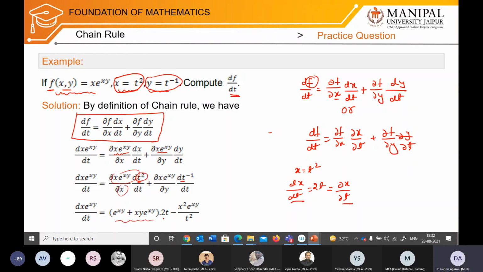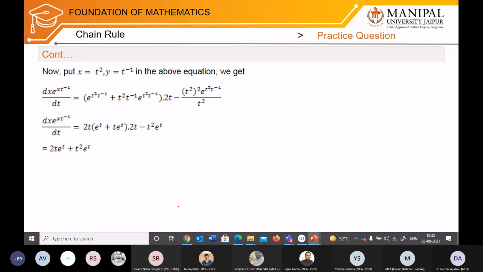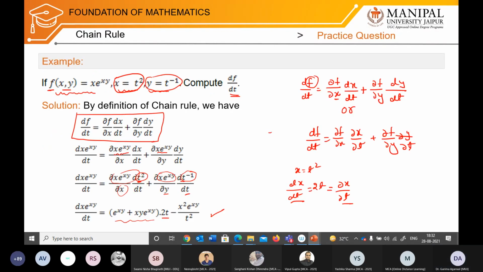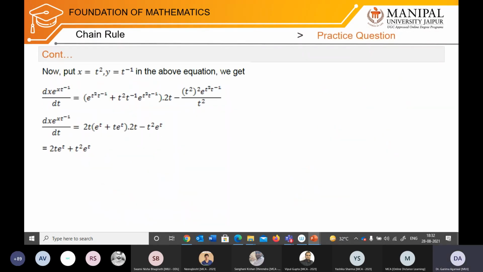Differentiation of t square with respect to t. Partial differentiation of this term with respect to y. And differentiation of t inverse with respect to t. Right? Now at the last we need to substitute the value of x and y.